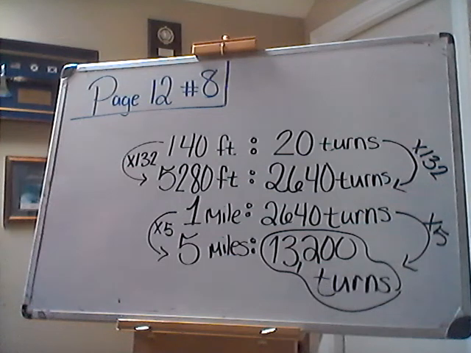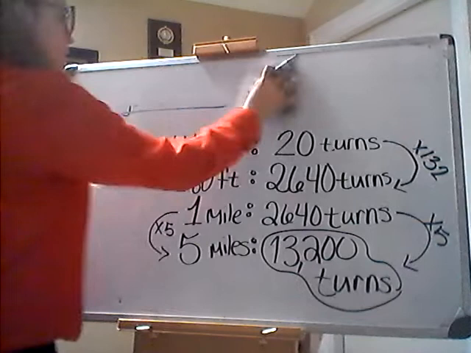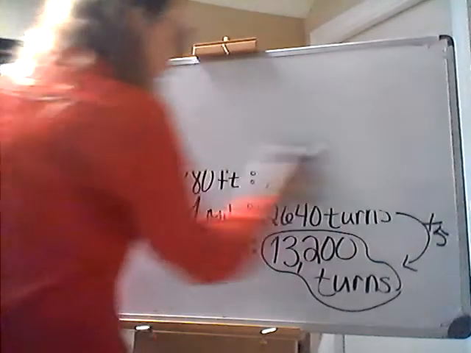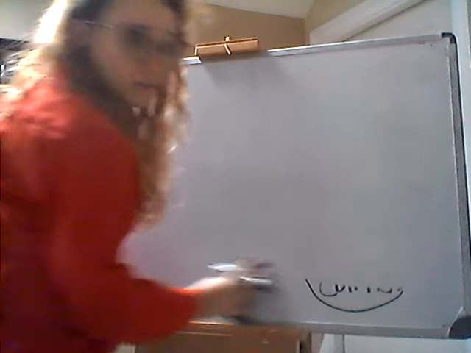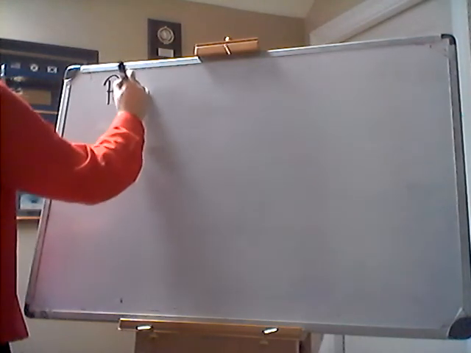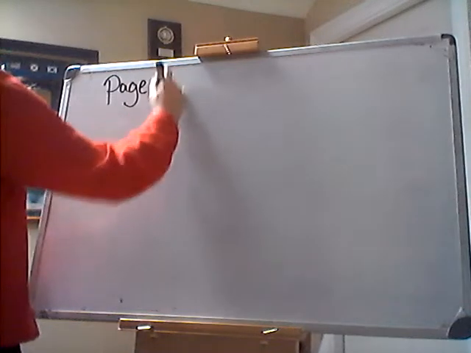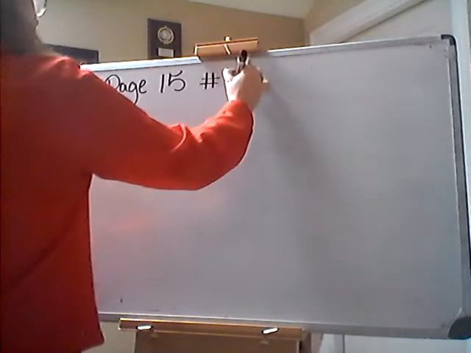Okay, the next problem page was page 15. I figure the percent section is probably going to be one of the hardest sections for us. We are now on page 15, number 4.